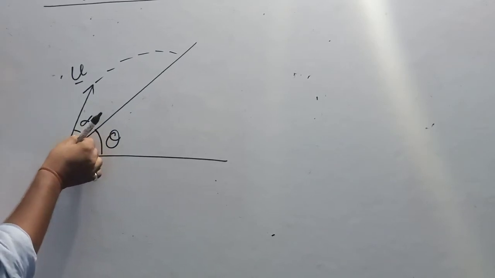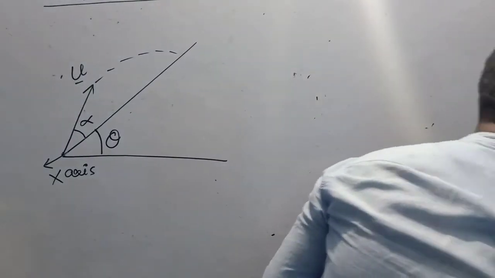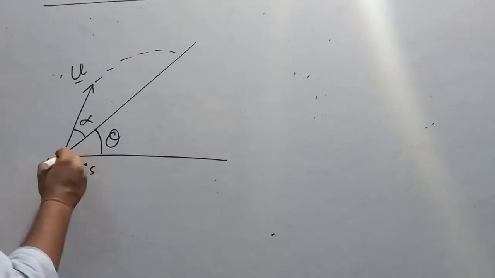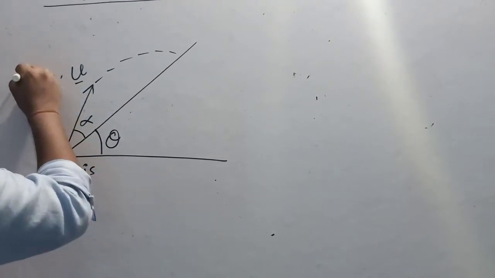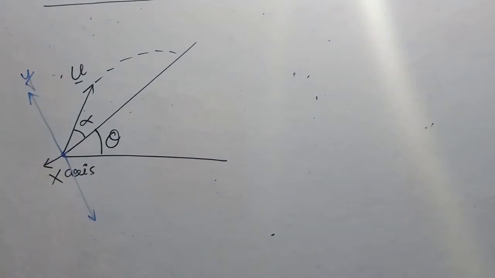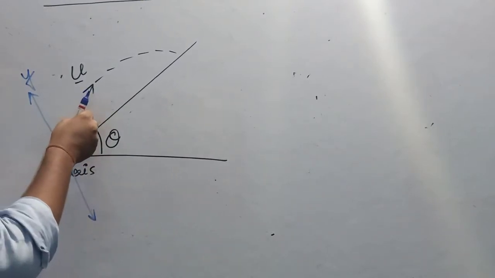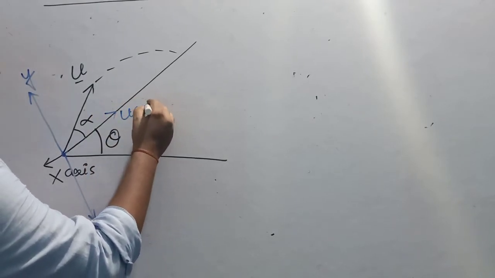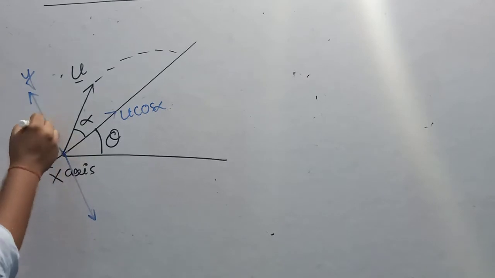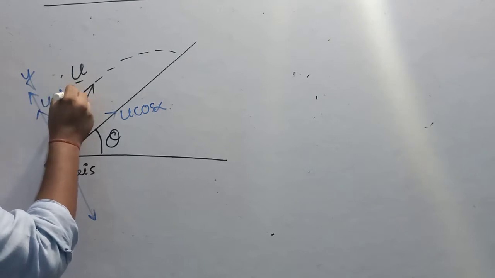Then the y-axis will also be rotated by the same angle, and we know that the angle between the x and y-axis is 90 degrees. This is our y-axis. Now I can easily resolve initial velocity u into its components. The x component will be u cos alpha, and the y component will be u sin alpha.